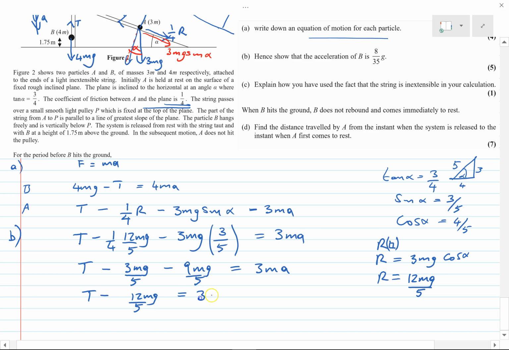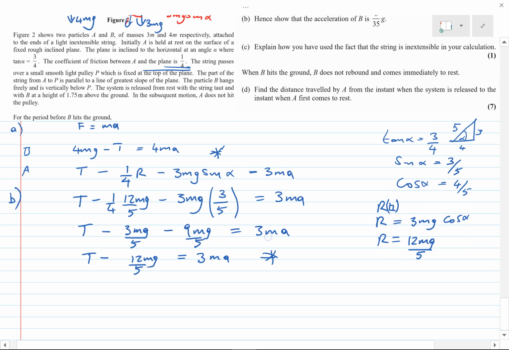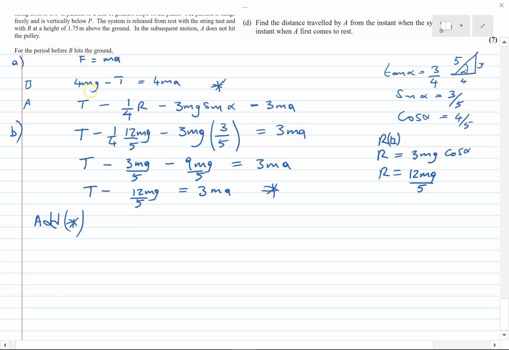So I'm going to add these two together, as we often do in these types of questions, to eliminate T. I get 4mg, now the T cancels, minus T plus T, take away 12mg/5 is equal to 4ma plus 3ma, so that's 7ma.